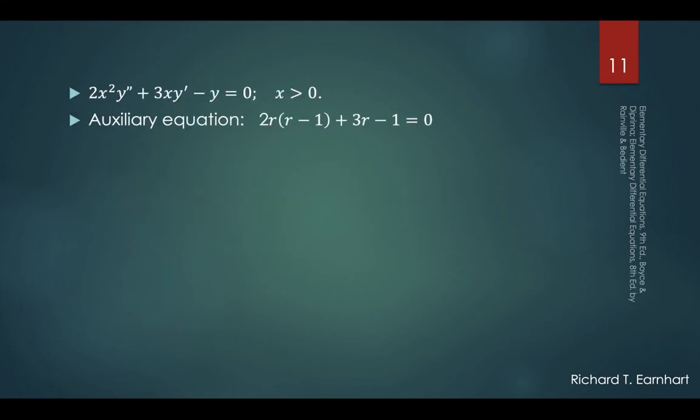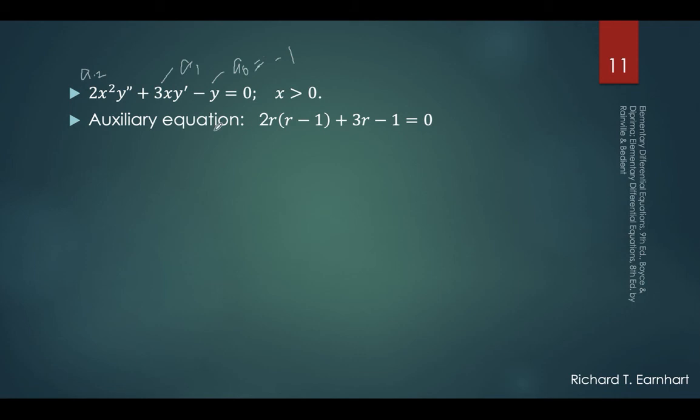Since this is an Euler equation, this will be your A2, and then your A1, and then your A0 will be negative 1.